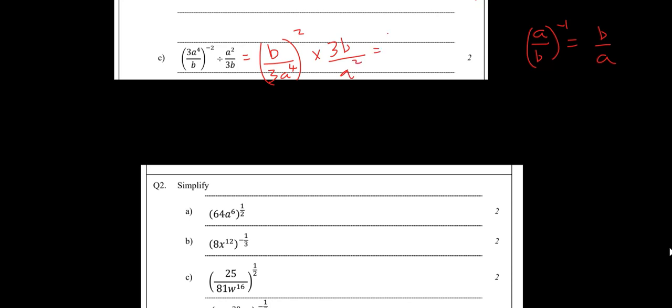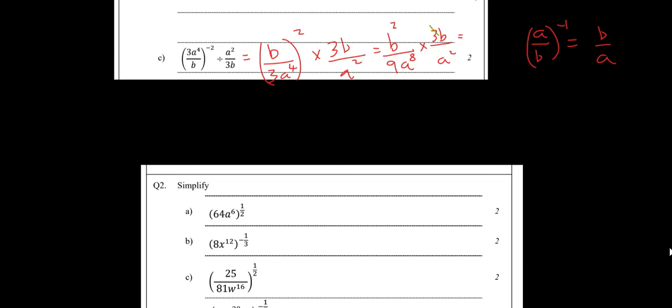So let's work that out. We've got b squared all over 9a to the 8 multiplied by 3b over a squared. So we can perform some simplifications.